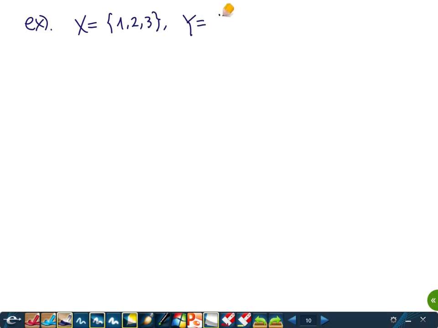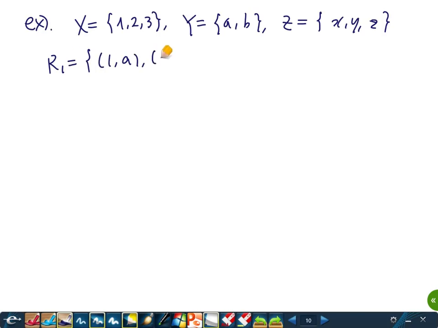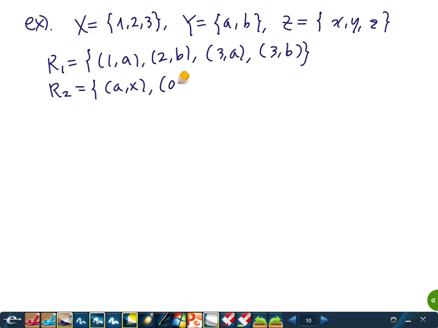And y, a comma b, z, x comma y comma z. So I'm going to define R1 like this. Actually, we did this before using just the definition of the composition, but we are going to do this again using the matrices.